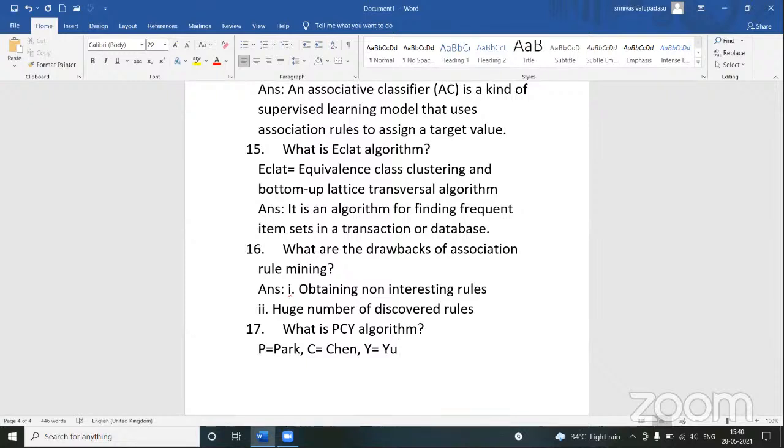So this was prepared by three persons, and that's why it is named the PCY algorithm. PCY algorithm is used in the field of big data analytics. For frequent item set mining, in case of large data sets, we can use this algorithm.